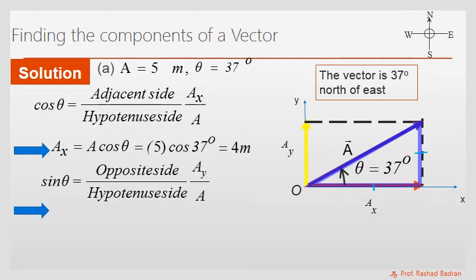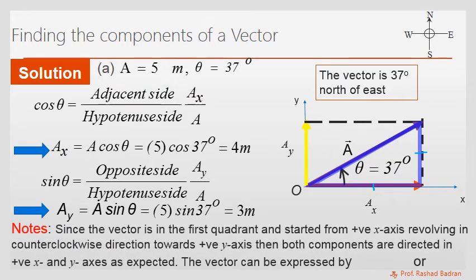For the y component, sine theta is used, which is equal to the opposite side ay over the hypotenuse A. And then ay is the product of the magnitude of the hypotenuse, which is 5 meters in this case, multiplied by sine the angle theta, and the answer is 3 meters.